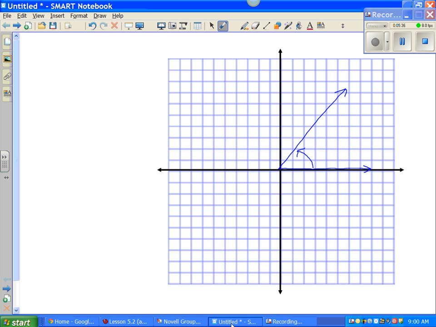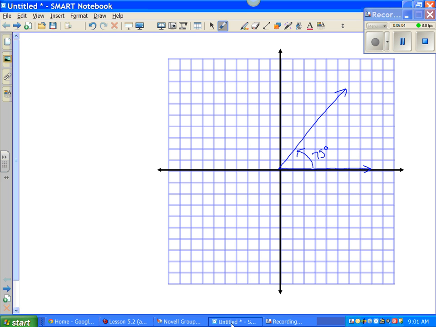So how do we get a different angle with the same initial and the same terminal? Any ideas? Let's say that this is 75 degrees. Okay? I want an angle, same initial, same terminal. Is that the only angle that I can create with that initial and that terminal? No. How else can I create one?